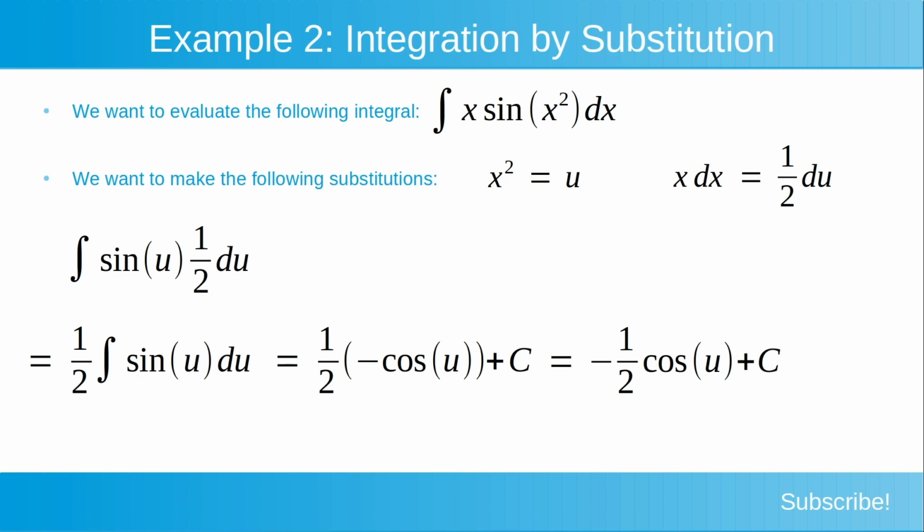Now for our next step, we substitute our function g of x back in for our variable u. So we're going to replace u with g of x, which is equal to x squared. And when we do that, we get minus 1/2 cos x squared plus c. And here at this point, we've finished evaluating our integral using the substitution method. And this concludes this example.